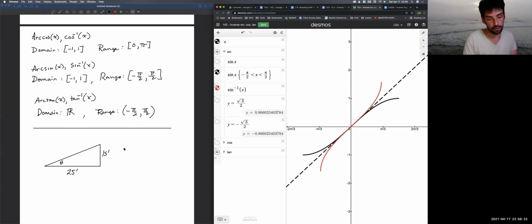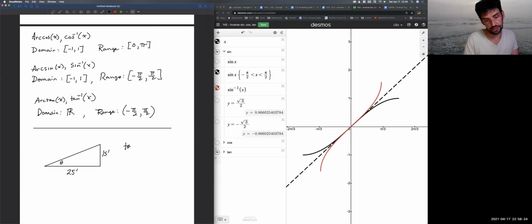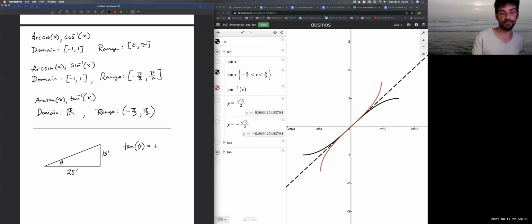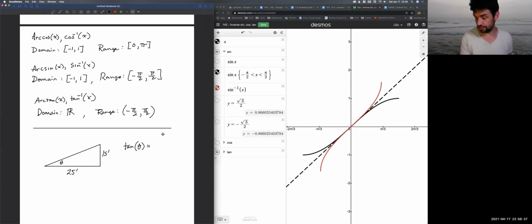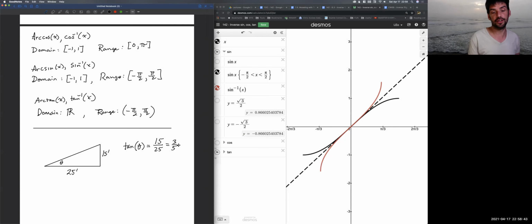Well, what we know is that the tangent of theta, remember we have the triangle definitions of sine, cosine, and tangent, is opposite over adjacent. So this will be 15 over 25 or 3/5.